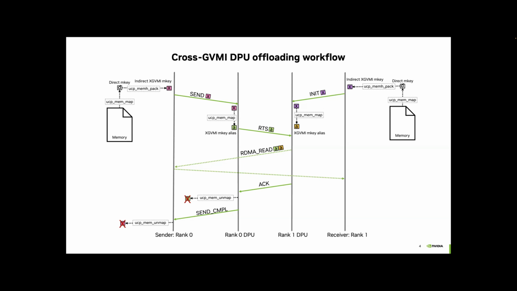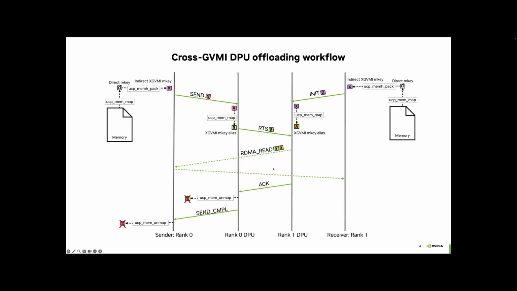Now the sender DPU initiates an RDMA operation using this green alias key, and then the receiver DPU performs an RDMA read operation using these two aliases. This operation copies the sender host memory into the receiver host memory without host involvement at all. On this diagram, I put just a single RMA operation, but there could be many of them during the entire application lifetime.